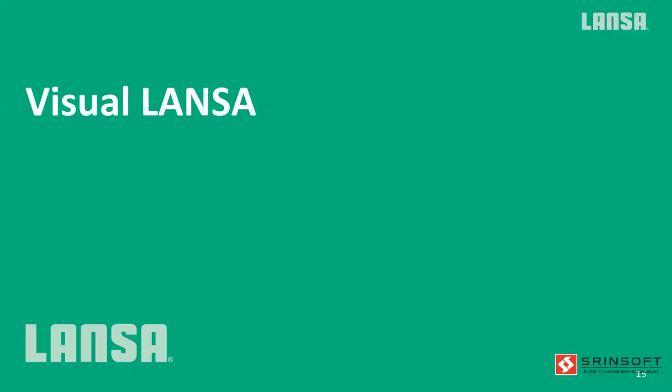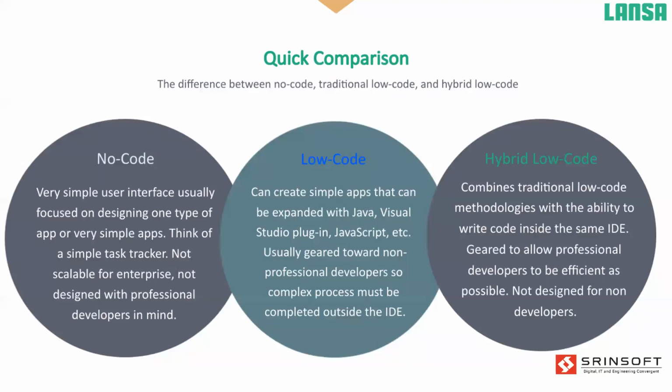So just a little bit about Visual LANSA. You heard me talk about low code, and in particular hybrid low code, so I want to clarify what we mean by the low code side of things. Low code in its simplest definition is an application development method focusing on visual elements, which include drag and drop, wizards, and templates, instead of handwriting code.